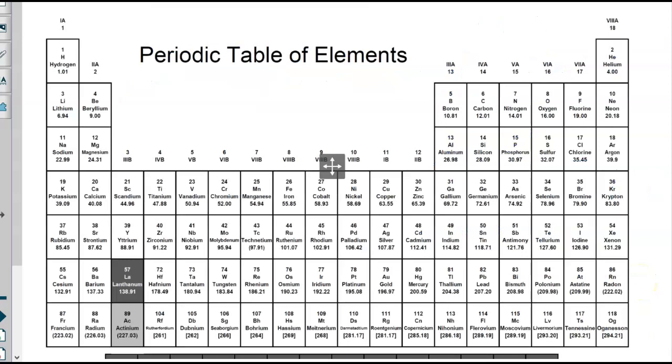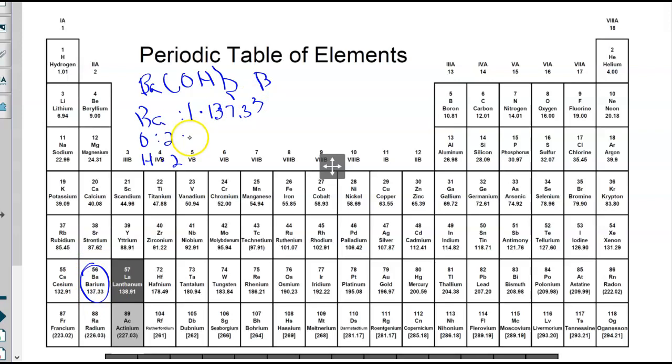So here I have copied a periodic table, and we know we need to do barium hydroxide. I'm going to do it down here: 1 barium, two oxygens, pardon me, and 2 hydrogens. Remember, this 2 gets distributed through. So 137.33, that's barium's number, times 1, plus 2 times 16.00, that's oxygen's number, and then 2 hydrogens times 1.01.